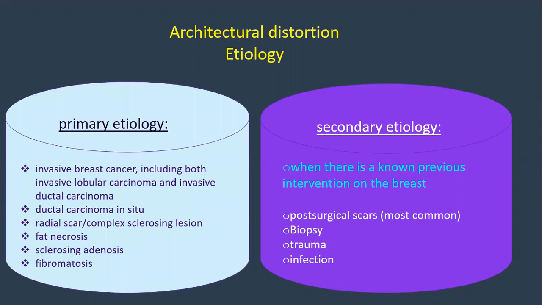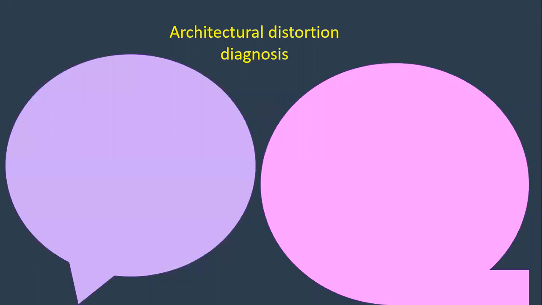While primary includes both benign and malignant causes, invasive cancer, whatever. Okay, what are the malignant causes? Like invasive ductal carcinoma and invasive lobular carcinoma, and rarely ductal carcinoma in situ. Excellent.